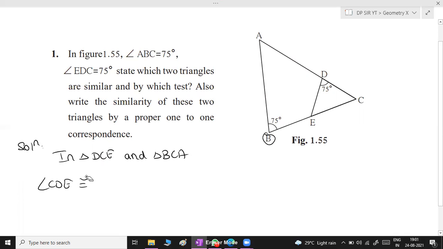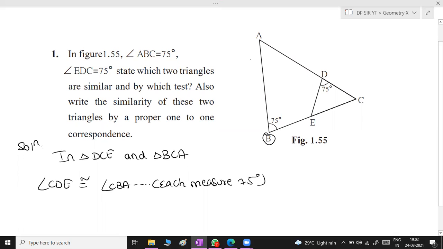is congruent, meaning D and B are congruent, since they have the same measure. So angle CDE is congruent to angle CBA, since each measure is 75 degrees. I don't know why 70 is revolving in my mind.